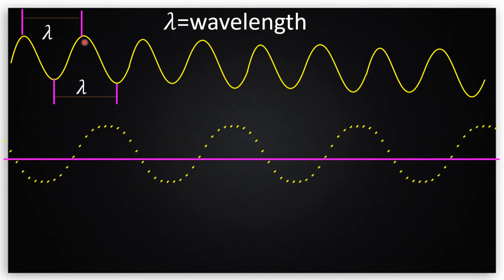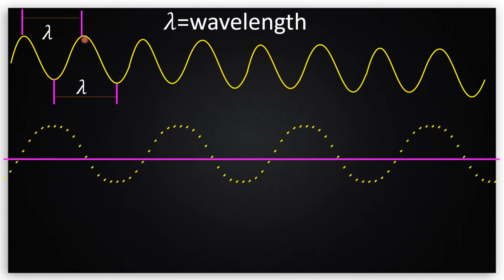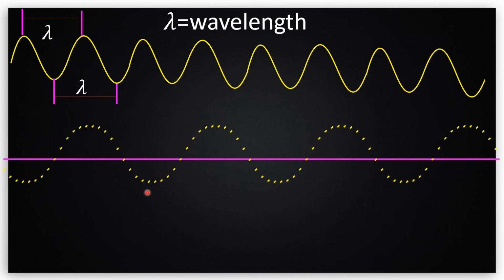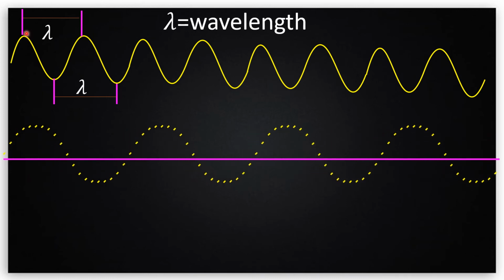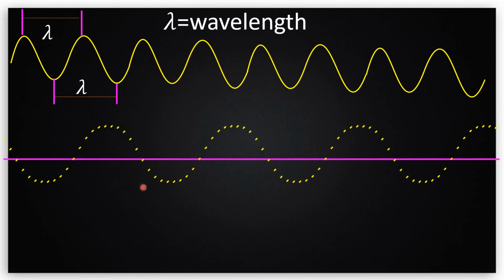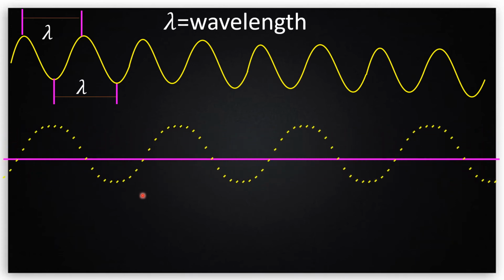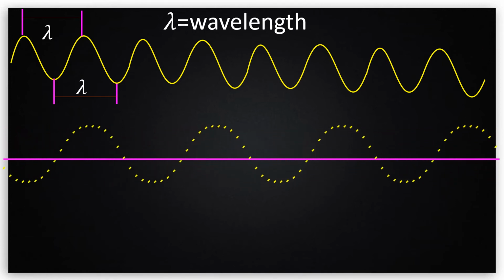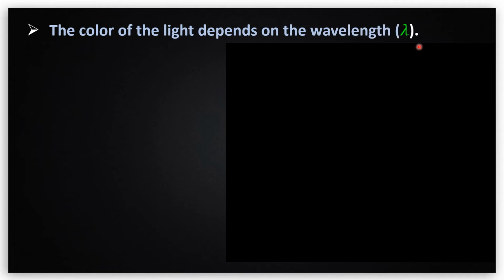And this wavelength varies from wave to wave, color to color. For red color, the wavelength is more. For violet color, the wavelength is small. Depending upon the wavelength, the color exists. Now see here, the color of the light depends on the wavelength lambda.